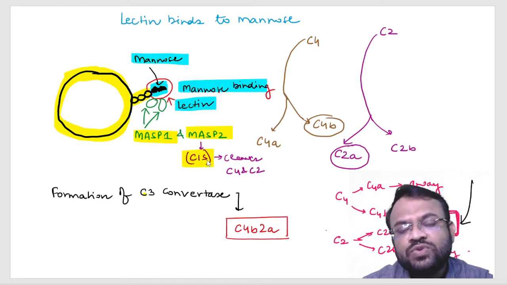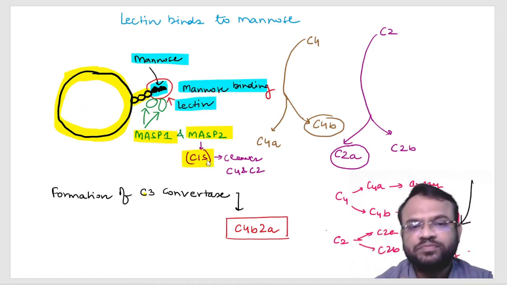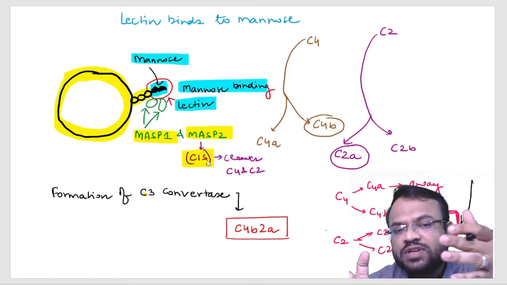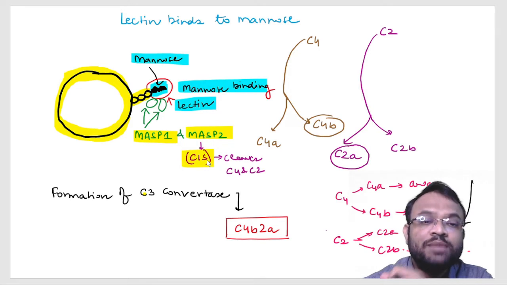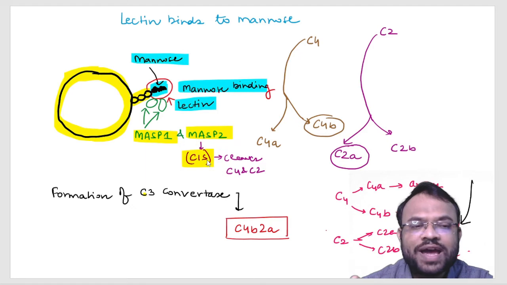What did C1s do? Remember, it cleaved C4 and C2. Over here also this will do the same function because it is behaving like C1s only. So MASP2 will cleave C4 and C2.